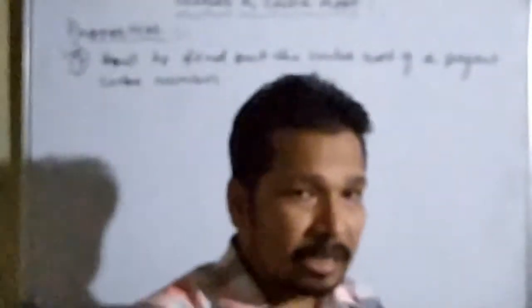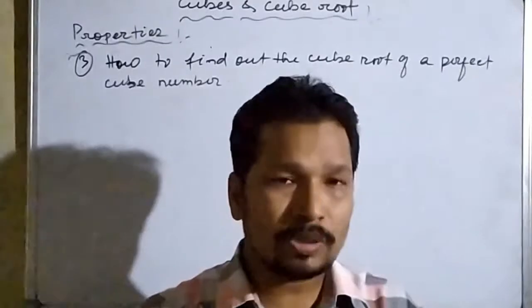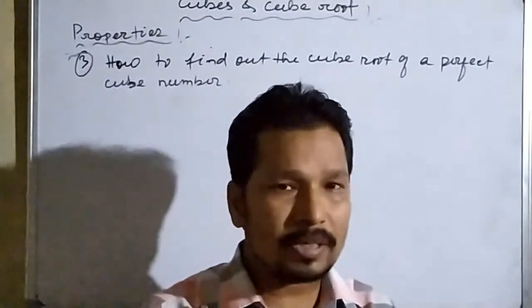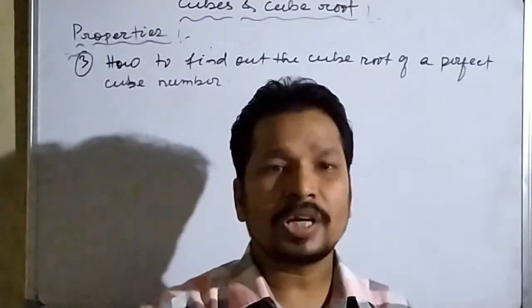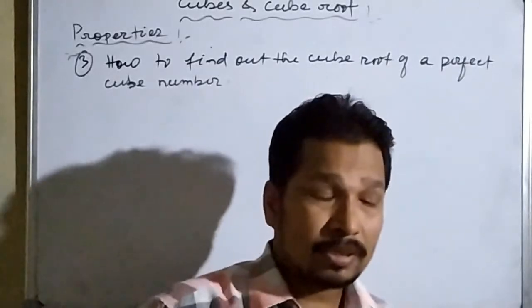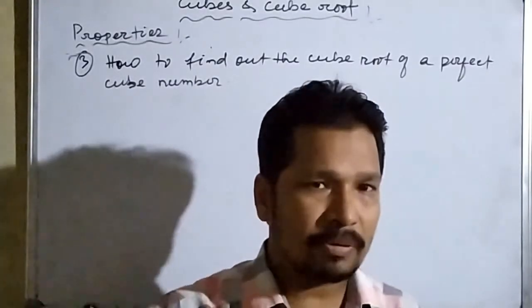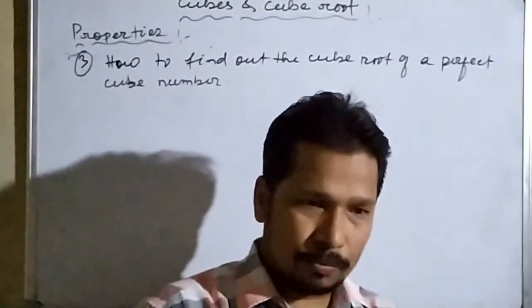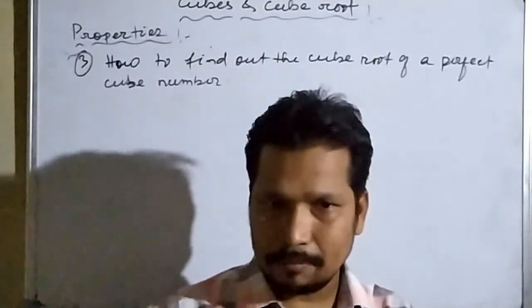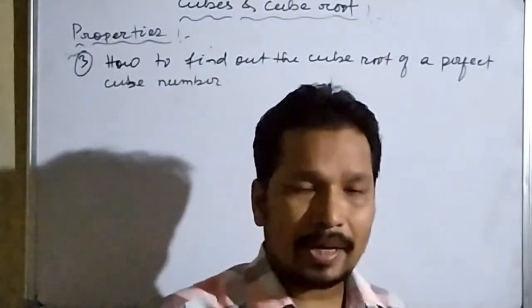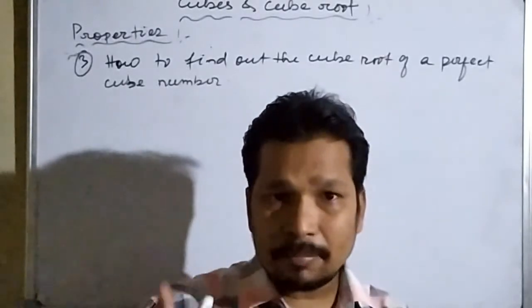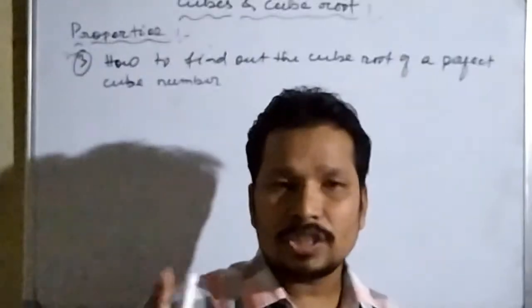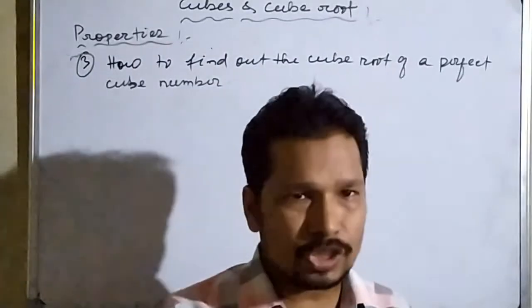That means the given number should be a perfect cube number. If the given number is not a perfect cube number, then we can't find it. If a perfect cube number is given, then we can find out the cube root of that number easily. Also, the given number should be a 6-digit number or less than 6 digits.